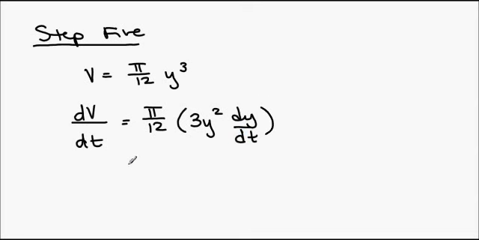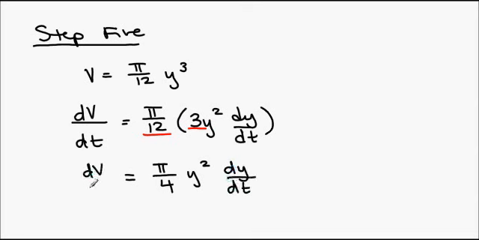Simplifying the constants, 3 over 12 is 1/4, so I get pi over 4 y squared dy/dt, and that is equal to dV/dt. That was step 5.